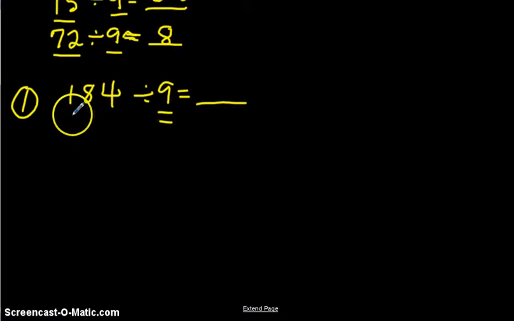So I look at the first two digits here, and I know this is 184, but the reason I'm looking at this is because we've discovered that we can look at this as 18 tens. Well, I already know that 2 times 9, or 2 groups of 9, is 18, which matches the amount of our 18 tens there.